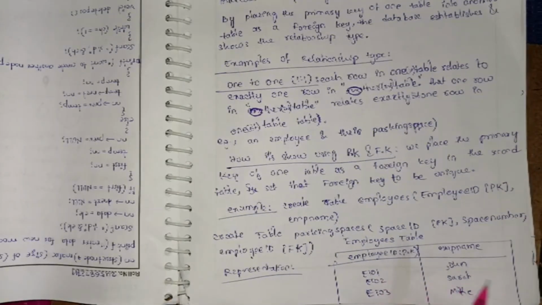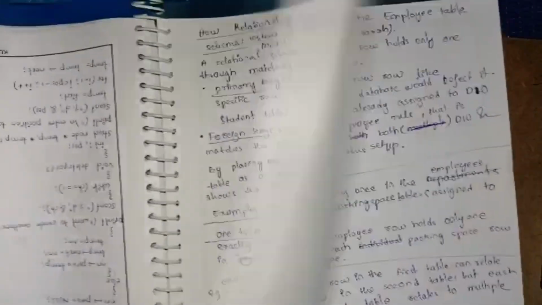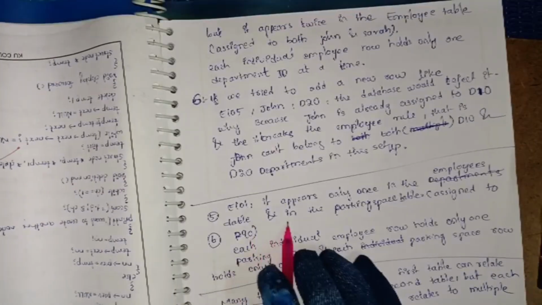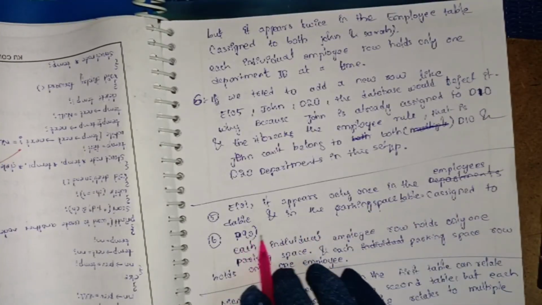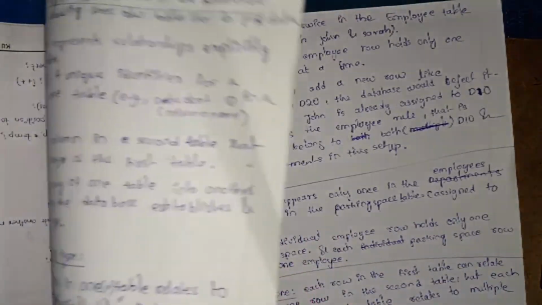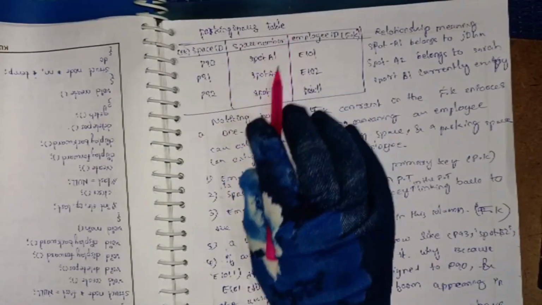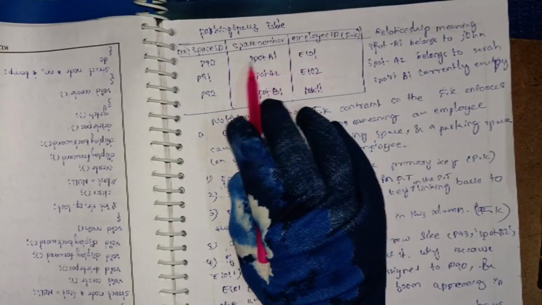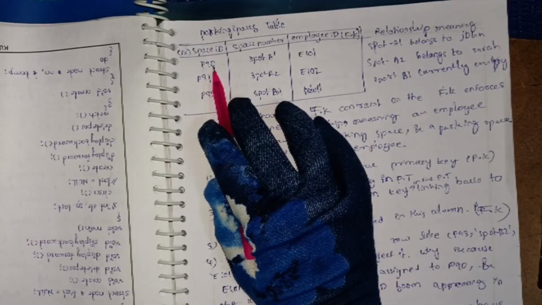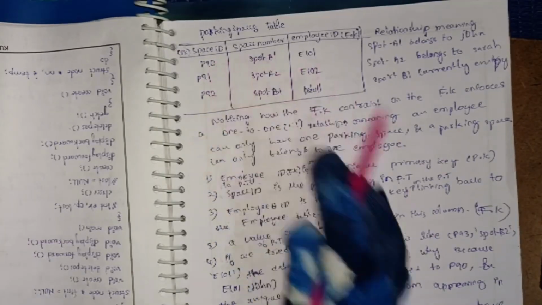Okay. Assigned to P90. Here in the parking space table, E101 is assigned to P90 space ID.